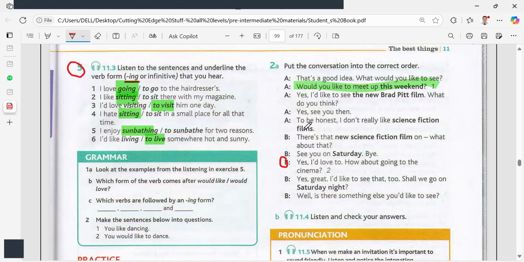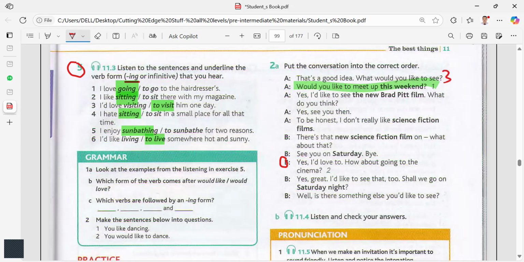The cinema, to be honest, I don't really like science fiction films. No. There is that new science fiction film. That's a good idea. What would you like to see? It should be 3.